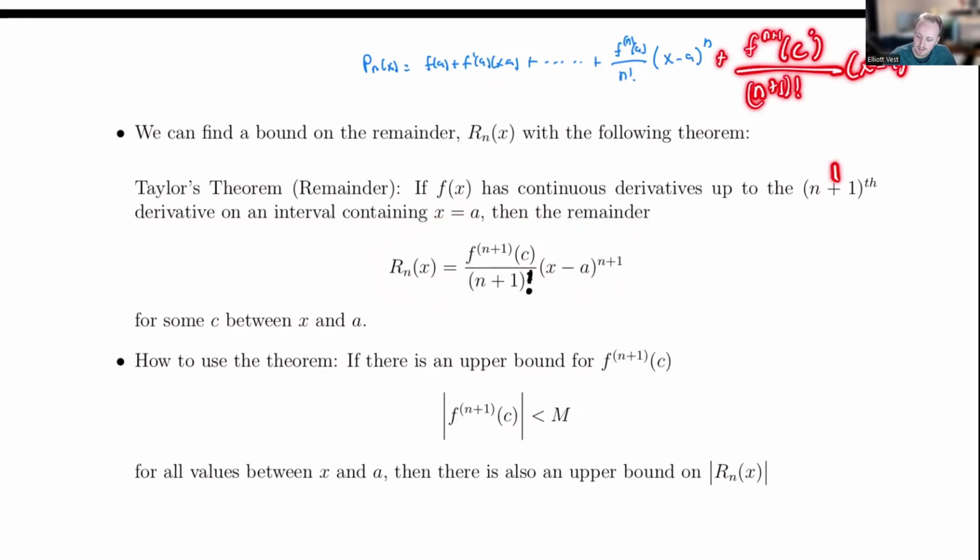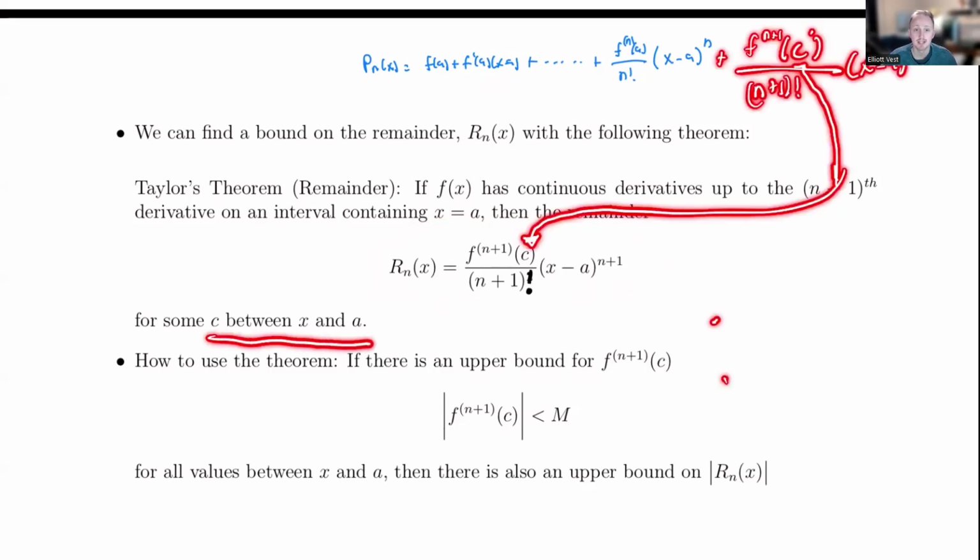The only difference is your remainder term actually is not evaluated at a anymore. It is evaluated at a c value for some c that is between x and a. So it's not exactly the next term that you didn't put in for your Pn of x. Really, there's another value that's semi-close because it's between x and a that will be the true remainder. But that's just dotting your i's and crossing your t's here.